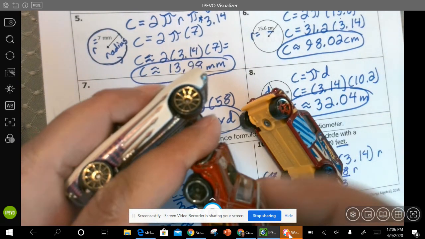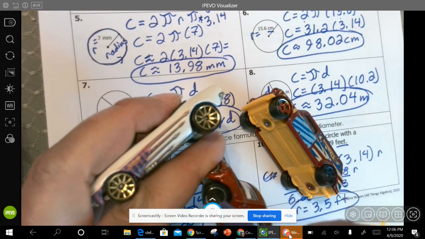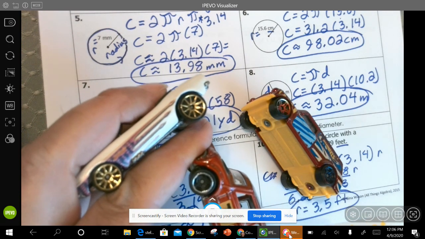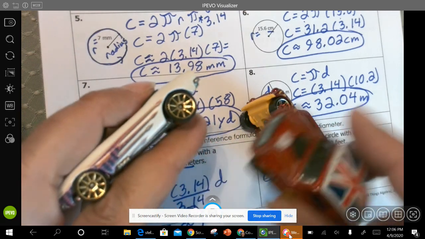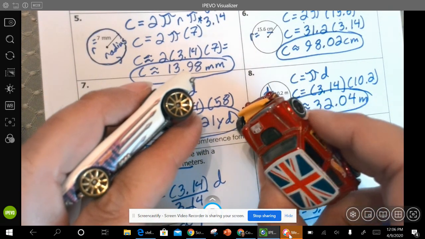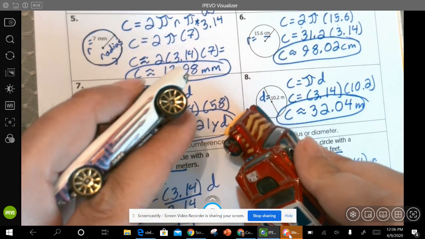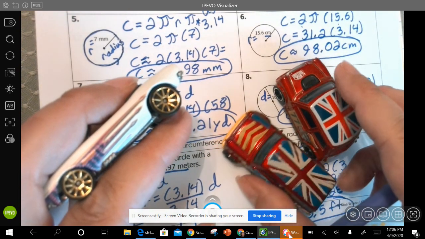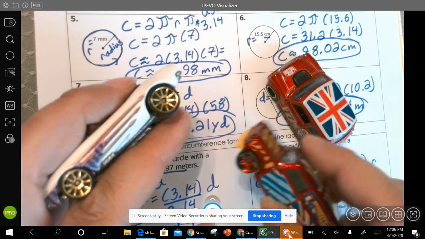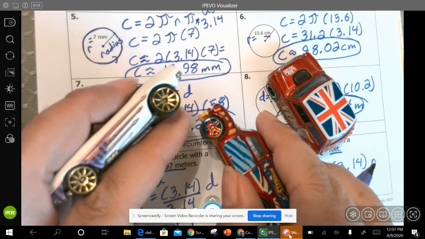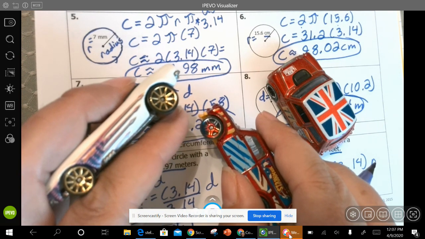Again, like we did with our Pi Day activity, everybody will put the string all the way around. So this is something that they would use it for, like to find what size rims you need. They need to know their circumference.